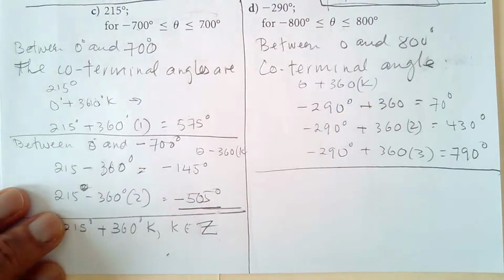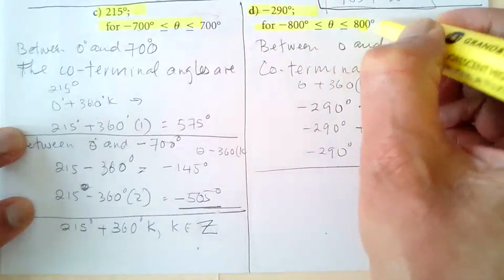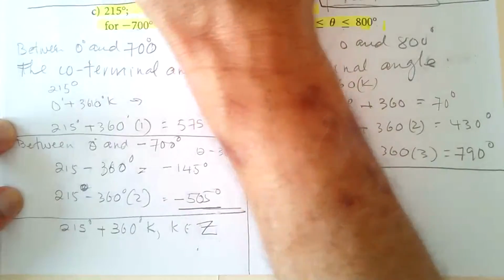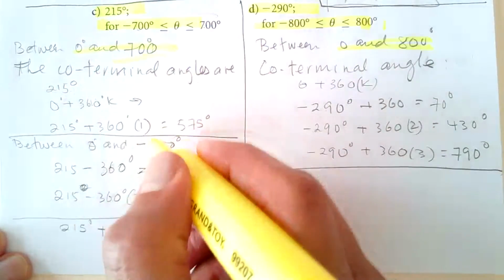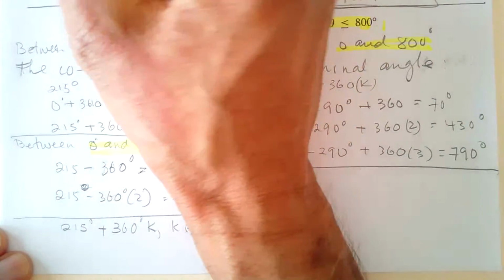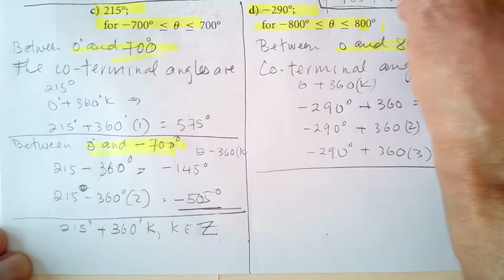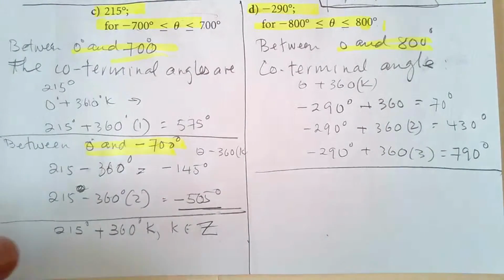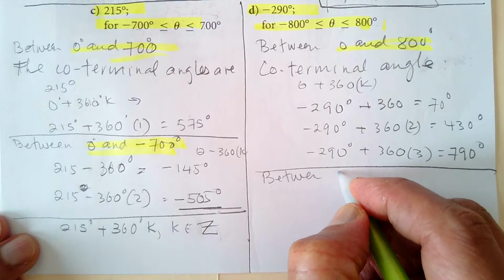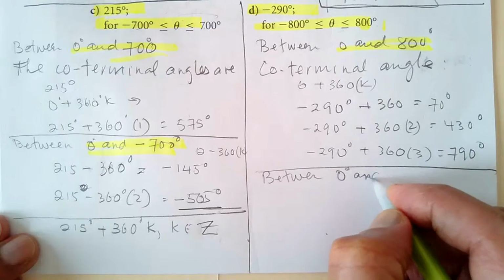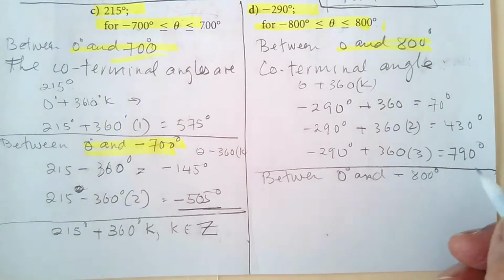Now we have to find the ones between 0 and negative 800 degrees.